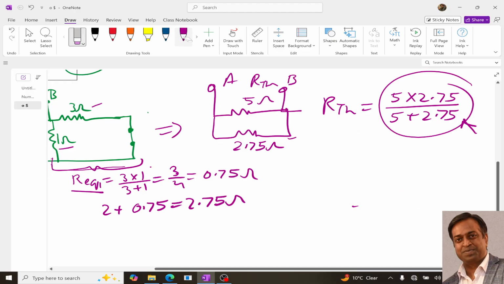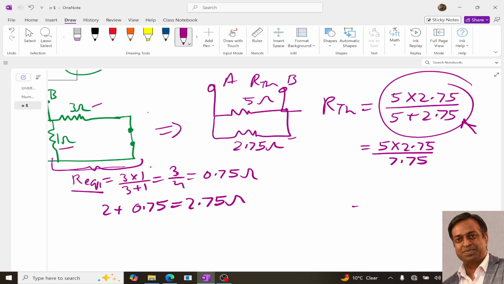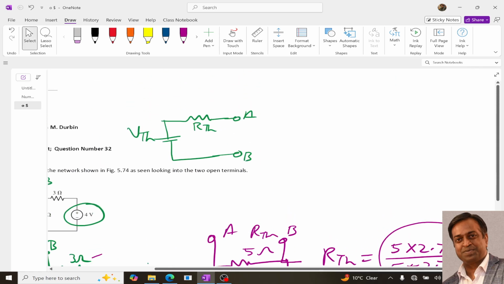So it is equal to 5 into 2.75 upon 7.75, and our RTH will be equal to 1.77 ohm. So this is our RTH. Let me put the value over here, 1.77 ohm.